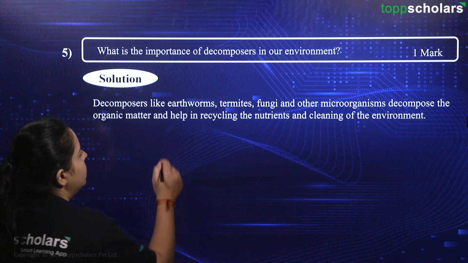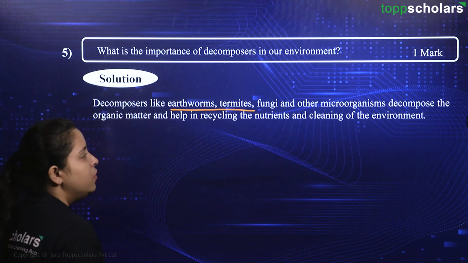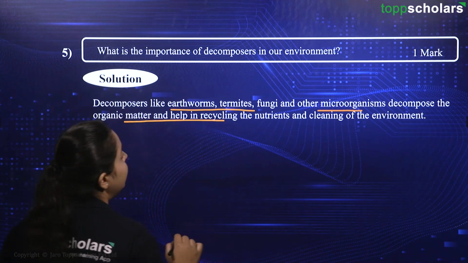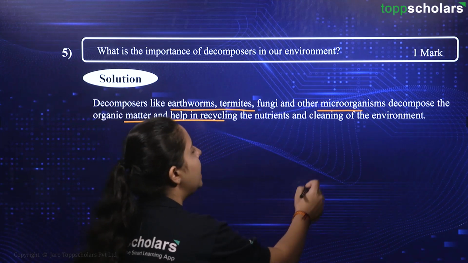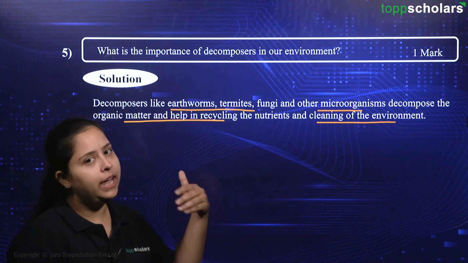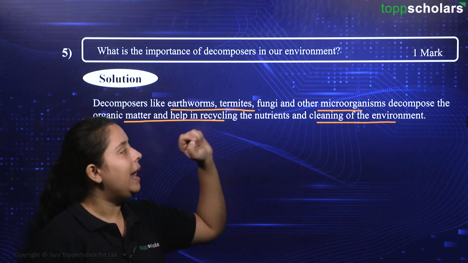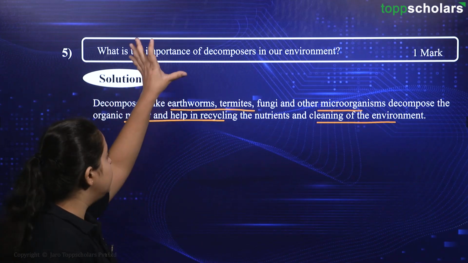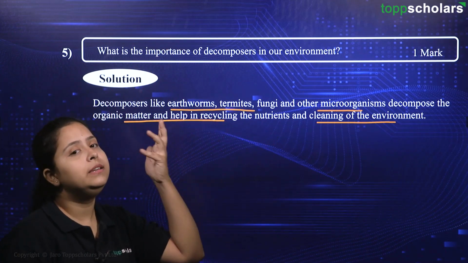It says that decomposers like earthworms, termites, fungi and other microorganisms decompose the organic matter and help in recycling the nutrients and cleaning of the environment. So in one sentence, whatever we have discussed, we have put it over here, and this much is good to go for this 1 mark. Please remember friends, the question may ask you what are decomposers, give some example.